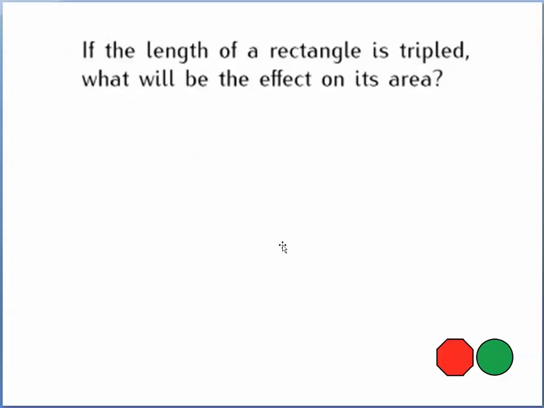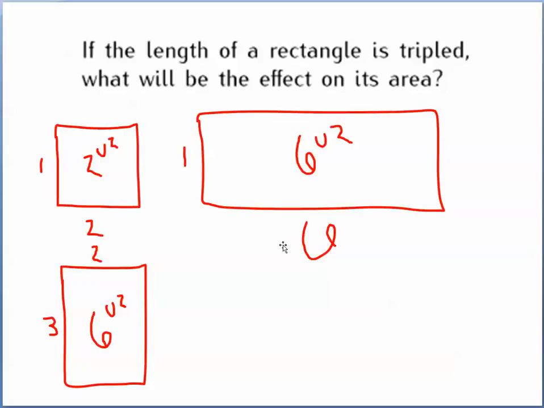If the length of a rectangle is tripled, what will be its effect on its area? Click on the stop sign. All right, well, let's take a look. What I did was I drew a picture. It says if the length, being singular in this case, using the singular linking verb is, is tripled.